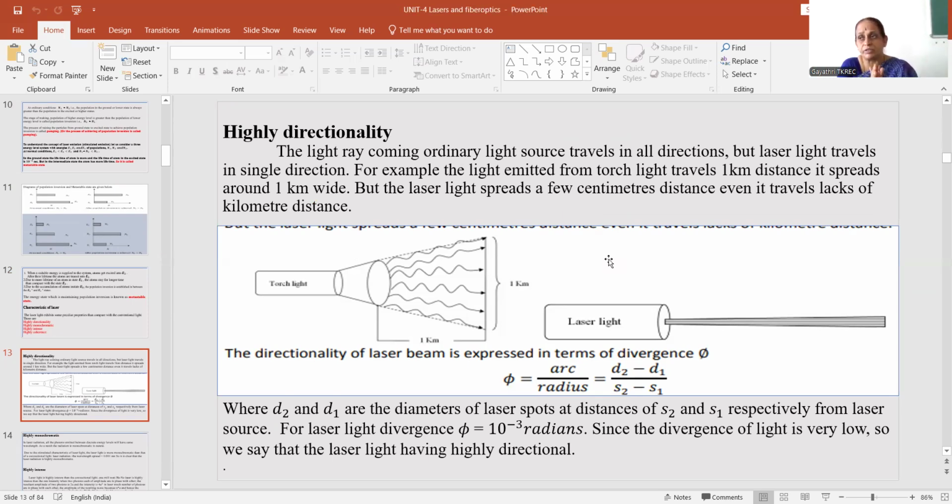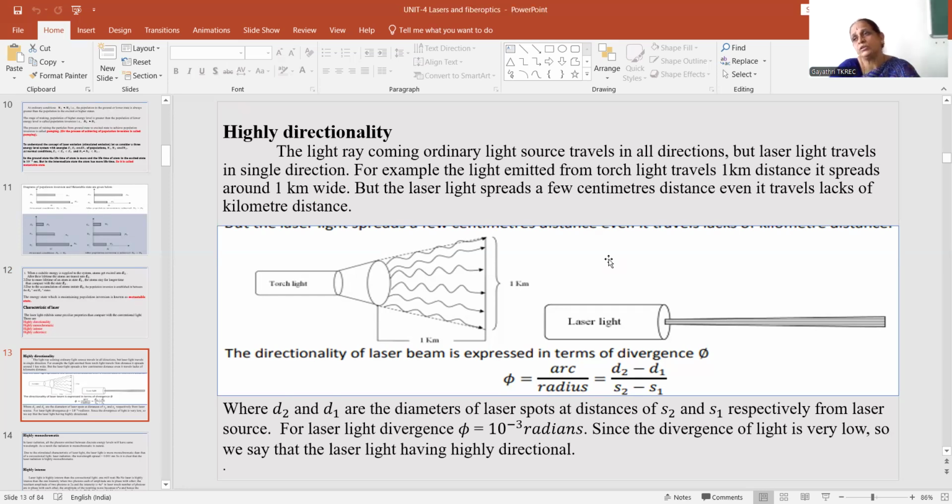When the light travels 1 kilometer, it spreads around 1 kilometer wide. But laser light spreads only a few centimeters even after traveling lakhs of kilometers. Therefore, it is highly directional, and the widening of light will not be more.